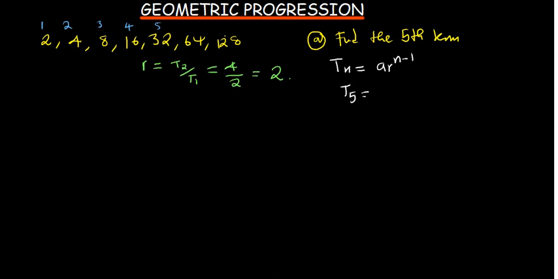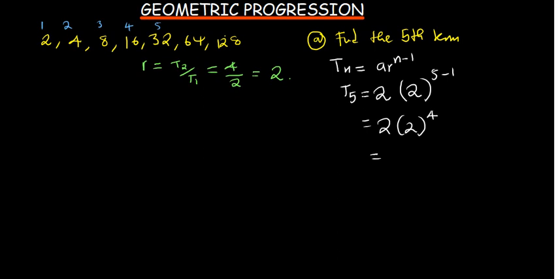In this case we're talking about the fifth term. Fifth term is going to be equal to the first term, which is 2, open brackets, r is the ratio, in this case also 2, to the power n, the fifth term, so that is 5 minus 1. So this is going to give us 2 times 2 to the power 4.